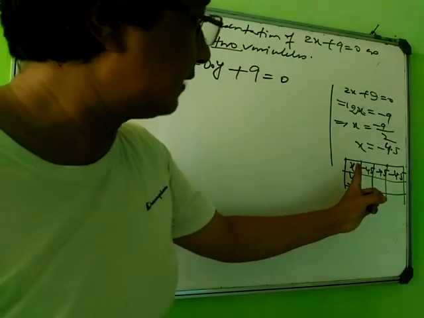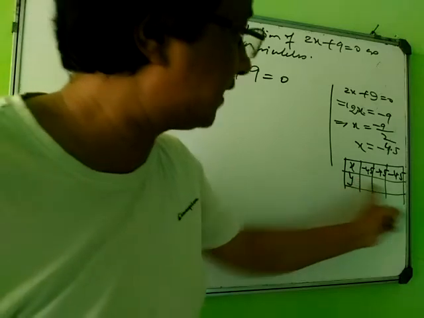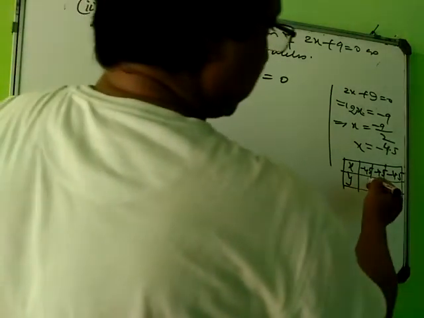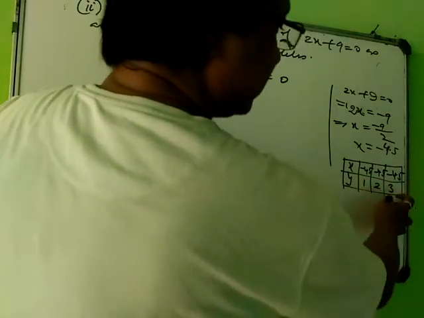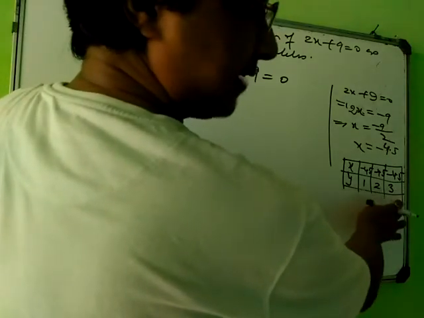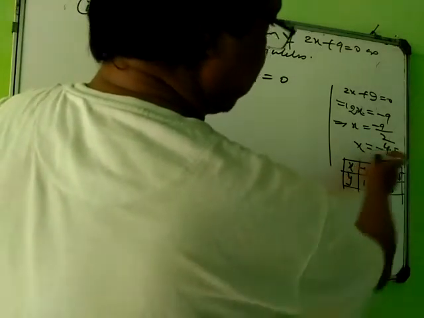So all the values of x will be minus 4.5, but y the values you can take your own. Say like it is 1, 2, 3. You can take any integers. It can be 0, minus 1, 2, 6, 5, minus 5, minus 4, or 4. Any numbers, but this value is fixed.